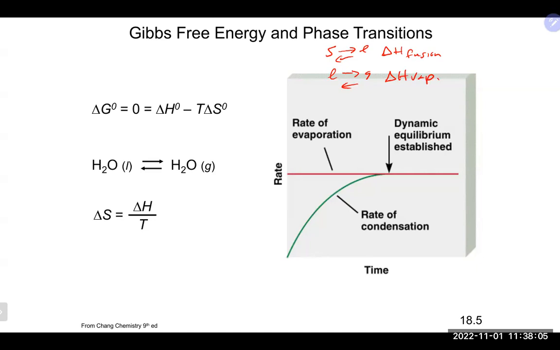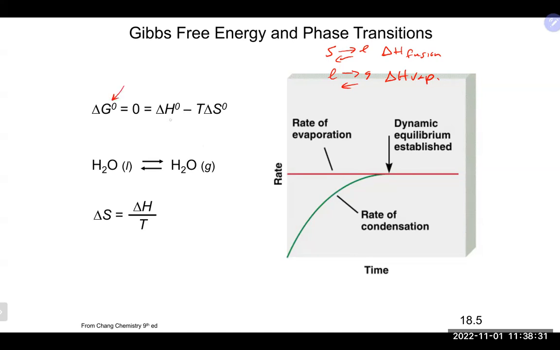Those transitions occur at the normal freezing point, melting point for the solid to liquid transition, and the normal boiling point for the substance as it goes from liquid to gas or backwards. Now, because these phase transitions are equilibrium processes, that means that delta G here will equal 0.